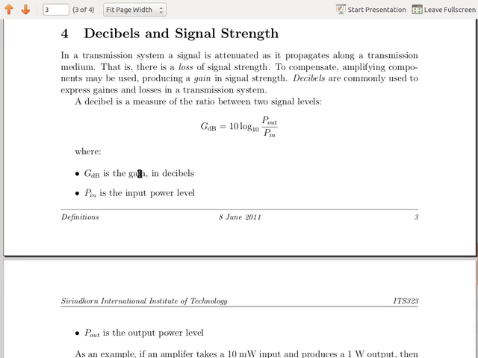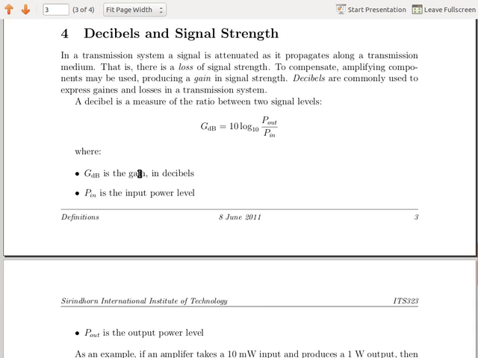It's a ratio of 2 power levels. So now we have 24 dB equals 10 log in base 10 of our SNR absolute value. SNR is the ratio of 2 power levels, power out, power in.